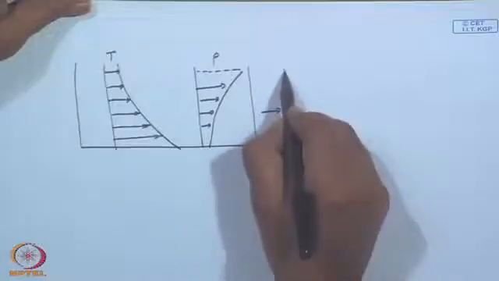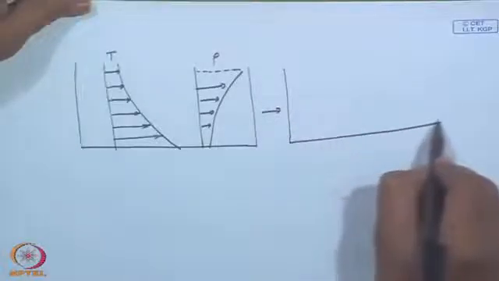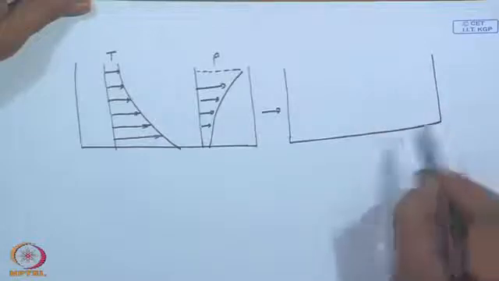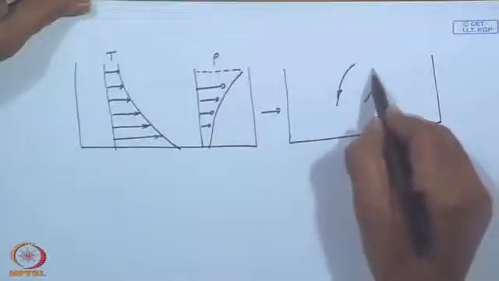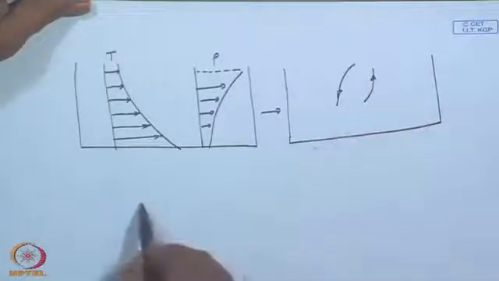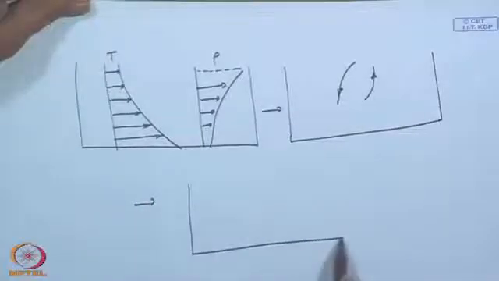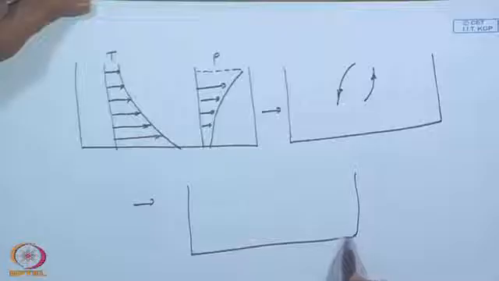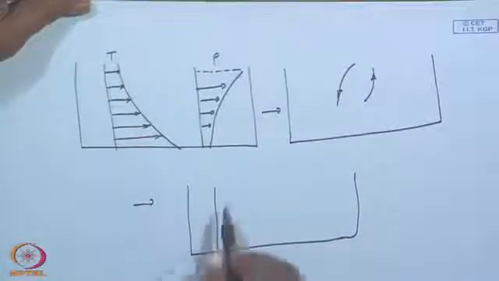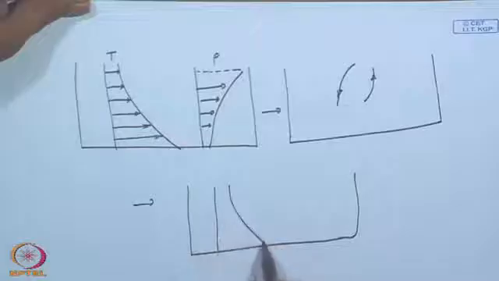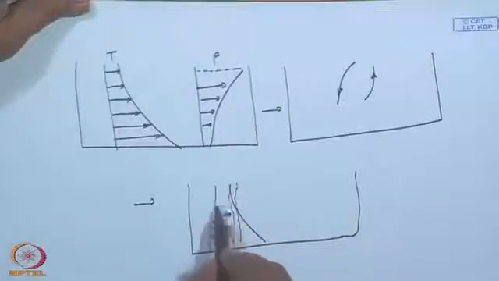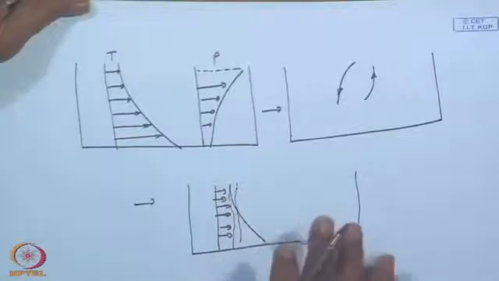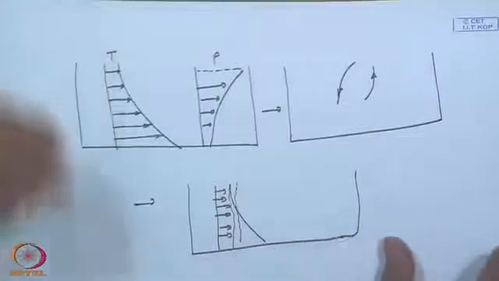This leads to cooler, denser fluid coming down and hotter, lighter fluid going up, leading to a more or less this initial temperature will become something like this. In fact, it does not increase, it will only become this much. Right, this is continuously what is happening in the natural lakes.